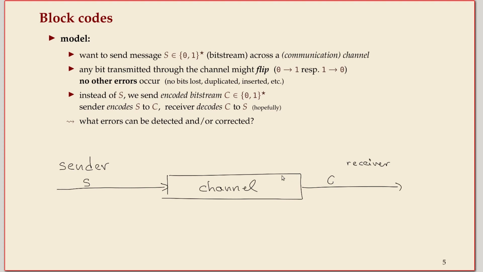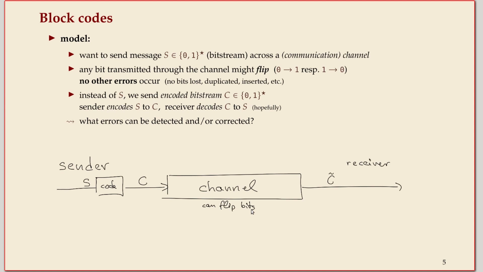Now, S and C might not be the same. Not only can the channel change the message, but the sender actually doesn't put S itself into the channel, but first uses a code, and that turns S into C. What the receiver receives is the version of C that might have some bits flipped. So the channel might flip individual bits.